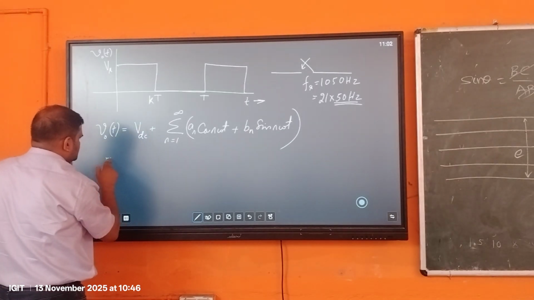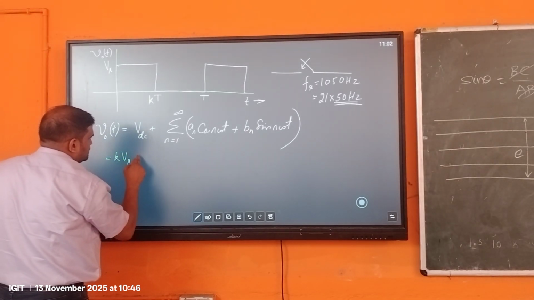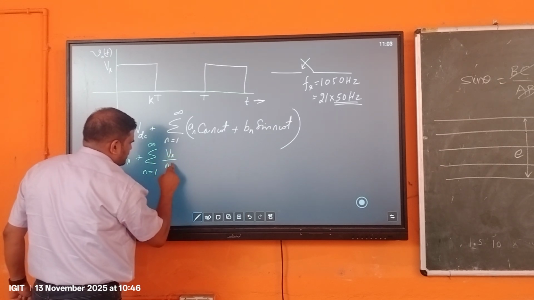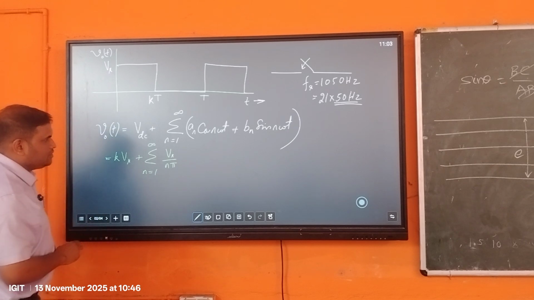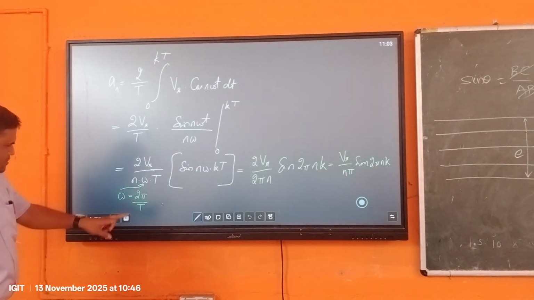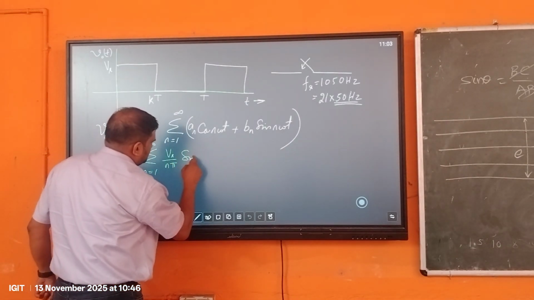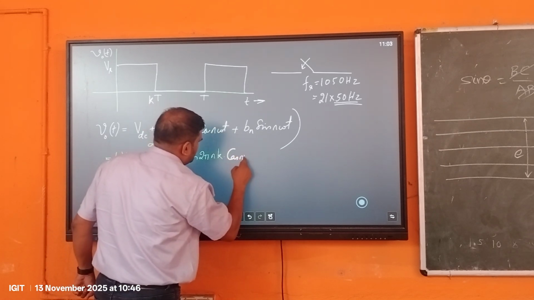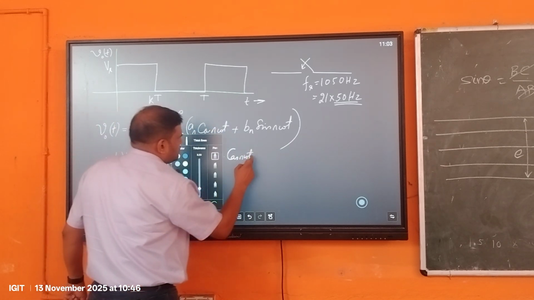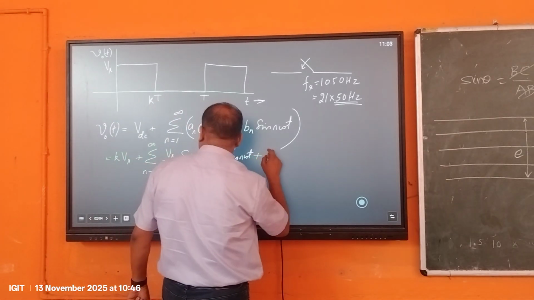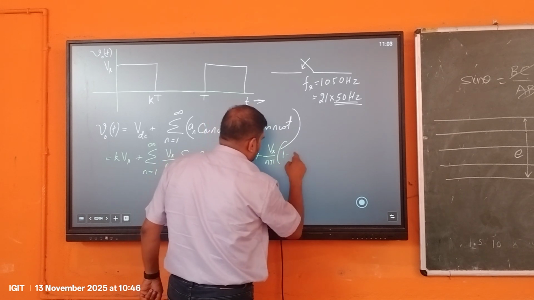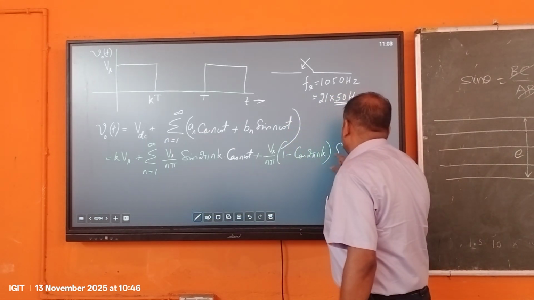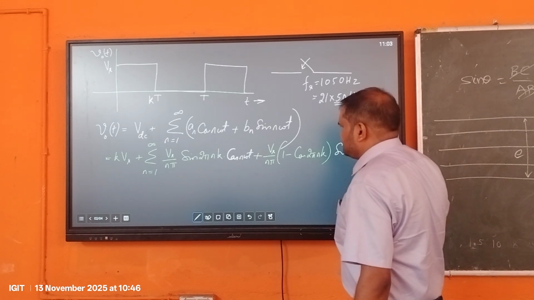This will be equal to k times Vs, plus the summation of n equal to 1 to infinity, where an is Vs by n pi sine 2 pi n k, into cos n omega t, plus bn, which is Vs by n pi times 1 minus cos 2 pi n k, into sin n omega t. Okay, that much.